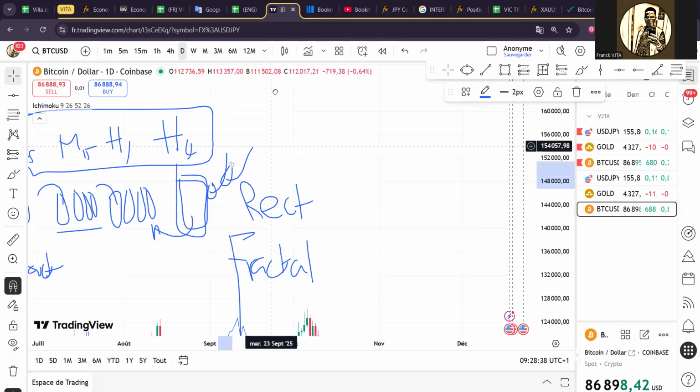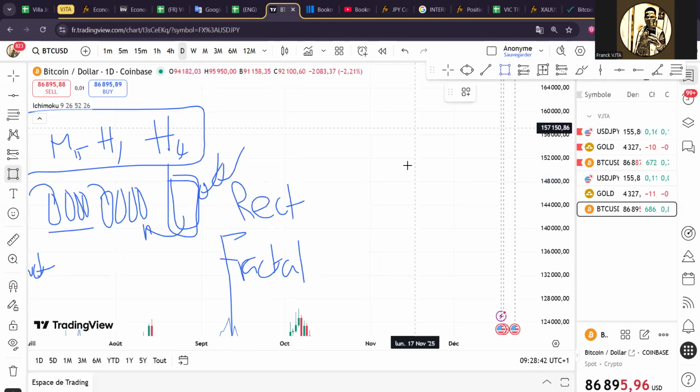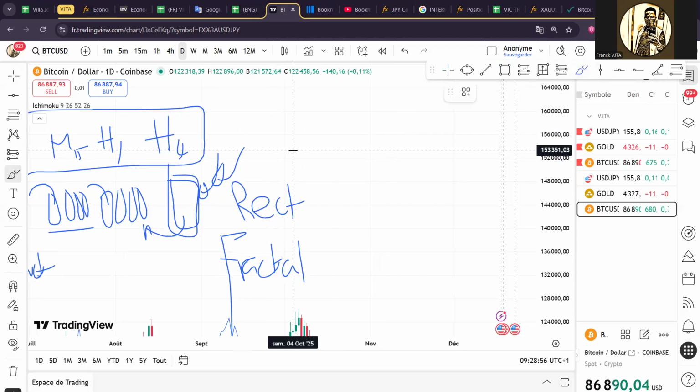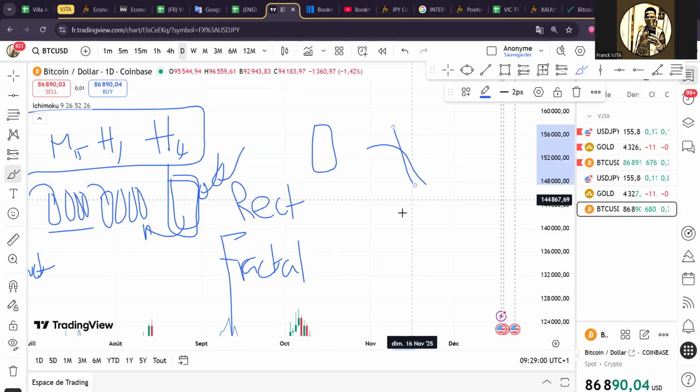Another thing that happens on the financial market is that it is not just the rectangle. You also have the lines of Ichimoku.